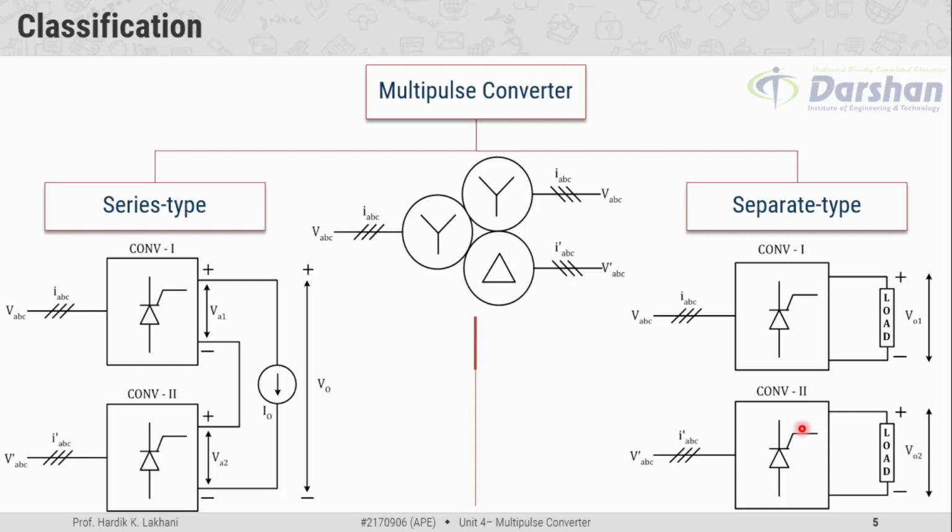So by using the phase shifting transformer, where the primary winding is in star fashion and the transformer has two secondary windings, the first secondary winding in star fashion and the second secondary winding in delta fashion, we can produce a 6-phase supply from this 3-phase supply. After producing the 6-phase supply, VABC is given to the first converter and V-ABC is given to the second converter unit.